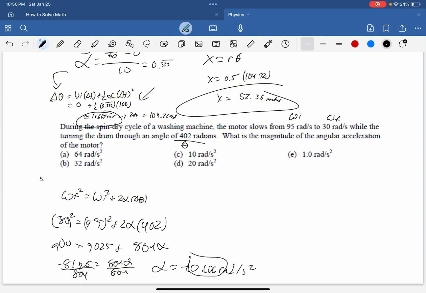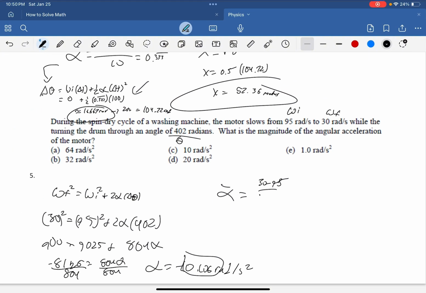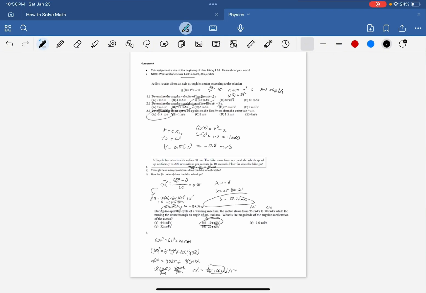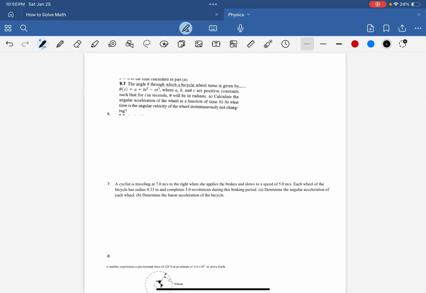I want to check something out. What happens if we used average alpha? Oh, we actually wouldn't be able to because we don't have change in time. Never mind. So yeah, the closest answer is C, 10 radians per second squared. All right, yep, nice job.